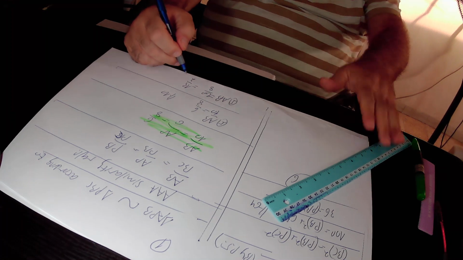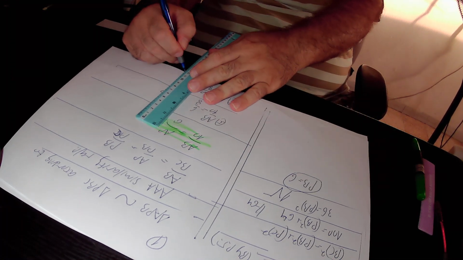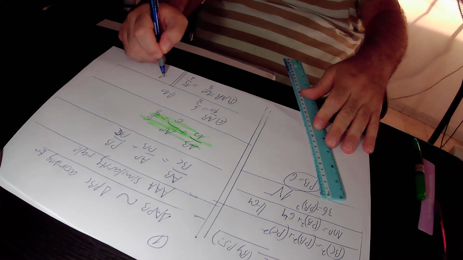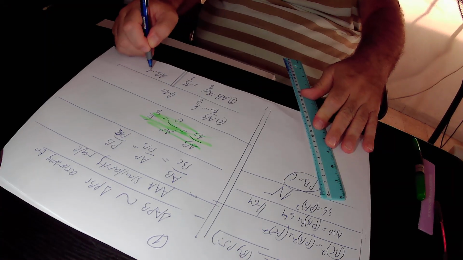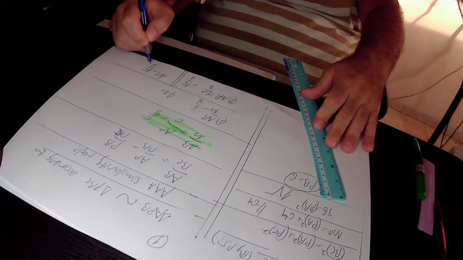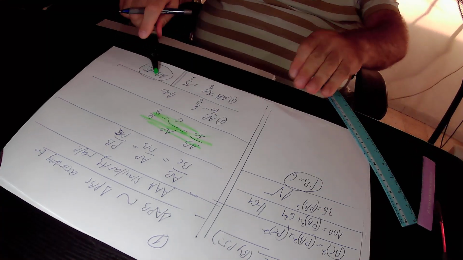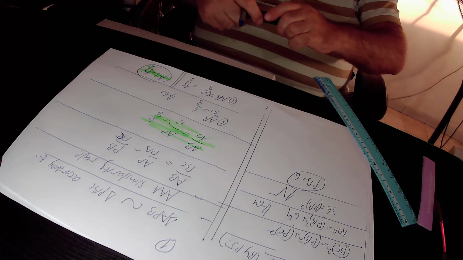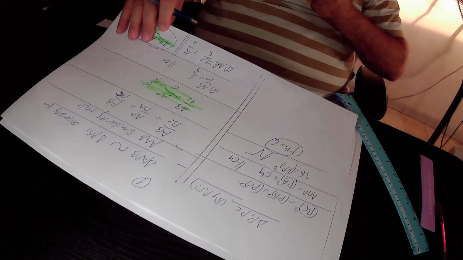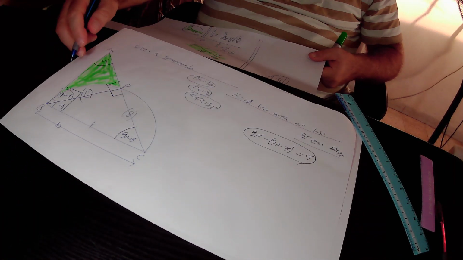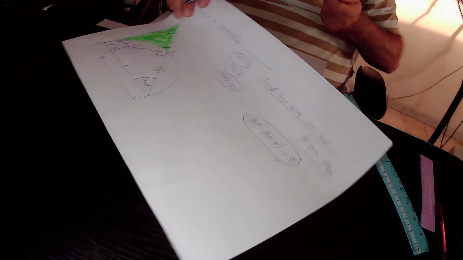So in total, we find out that the missing side AB equals 15 halves units in length. Okay, this is the missing side AB, that equals 15 halves units in length.